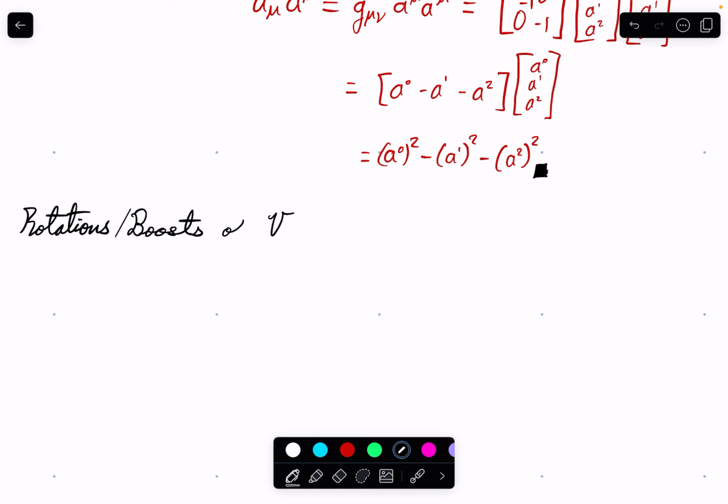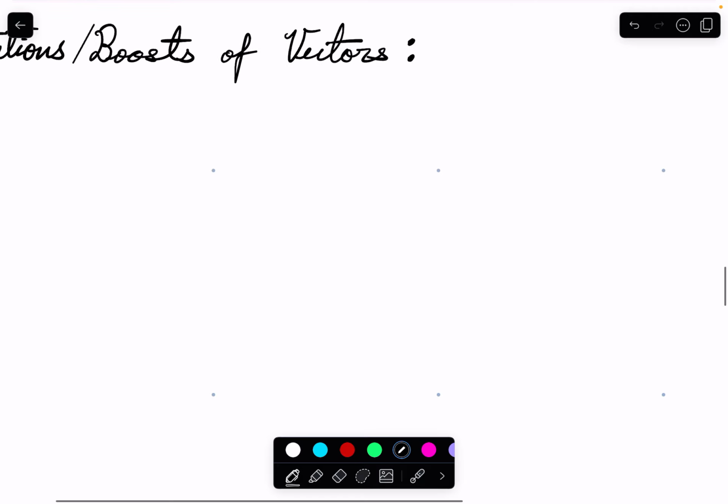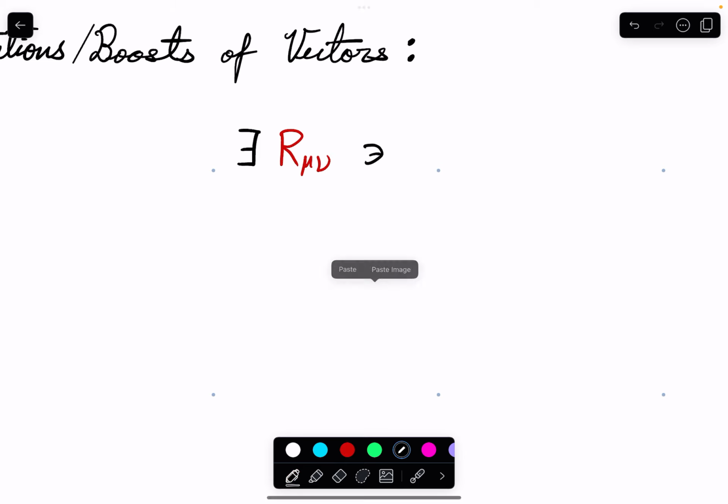So there always exists some rotation matrix such that it will map some vector, and you could use either covariant or contravariant in the definitions here.